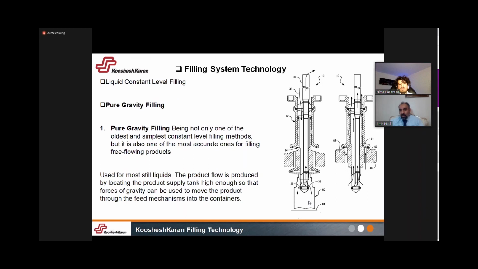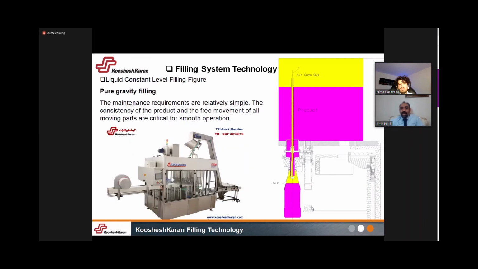As you see, this is one kind of filling, gravity filling. This is the tank. The pink color is the product, and the yellow is the air.